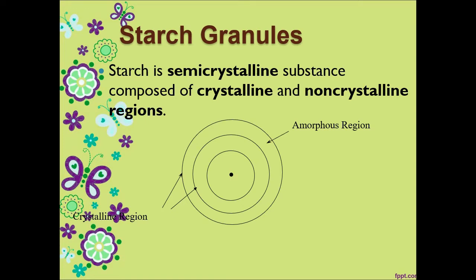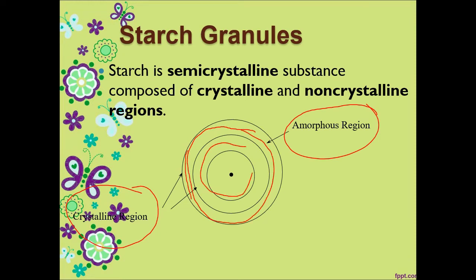Now, when we look at the starch granule, it has crystalline and non-crystalline regions. The amorphous region is normally contributed mainly by amylose, whereas the crystalline region is contributed by amylopectin, which is about 30% in composition. You see the spaces here are more than the lines here.